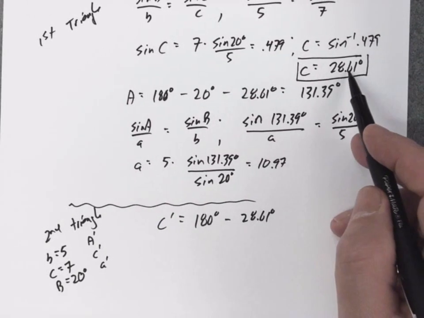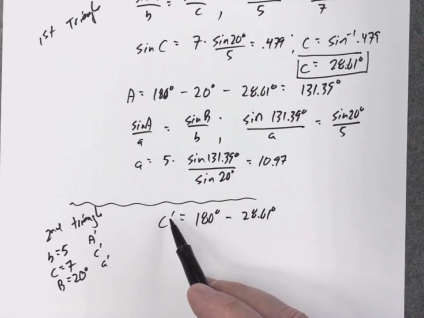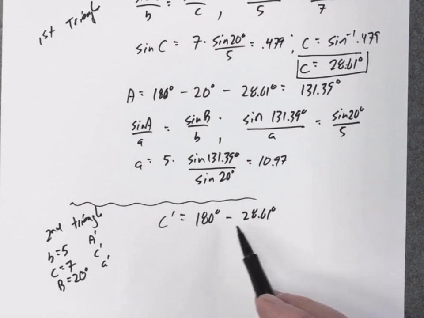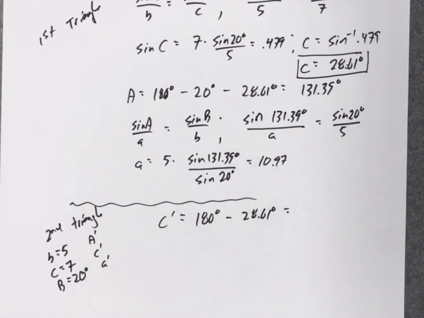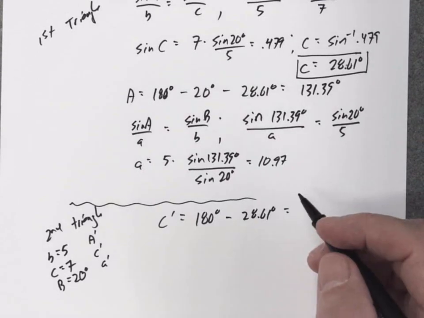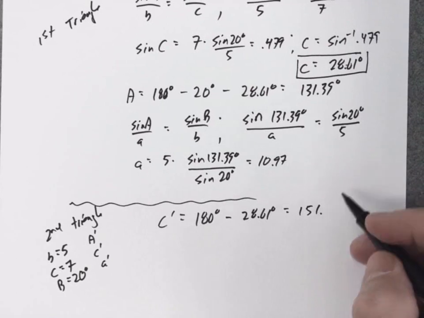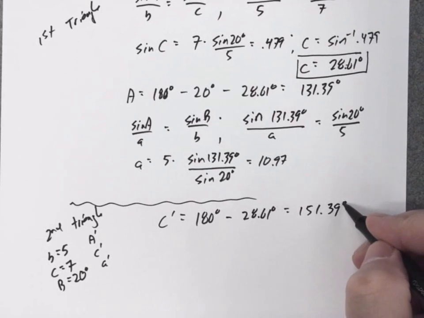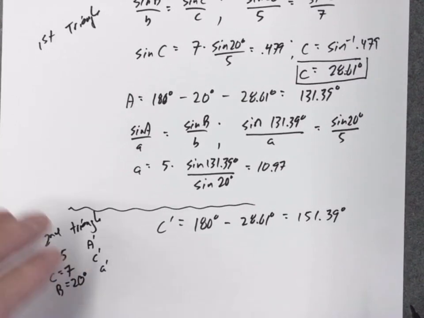My first triangle, this was angle C. If I want to get angle C for the second triangle, 180 subtract 28.61, 151.39. Now I still don't know yet whether there is a second triangle. If there is, this is my new angle C.